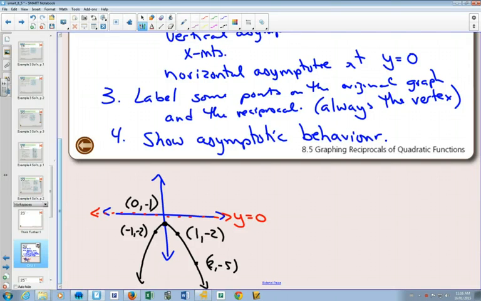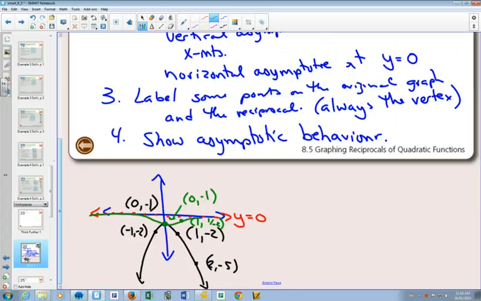So now we're going to take out a different color pen. What's going to happen to 0, negative 1? It's going to stay 0, negative 1. What's going to happen to 1, negative 2? It's going to become 1 comma 1 over negative 2, or negative 1/2. Or negative 0.5.